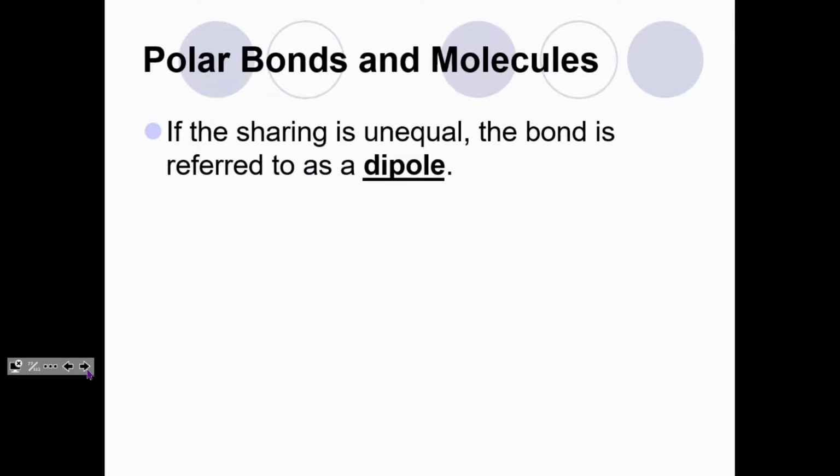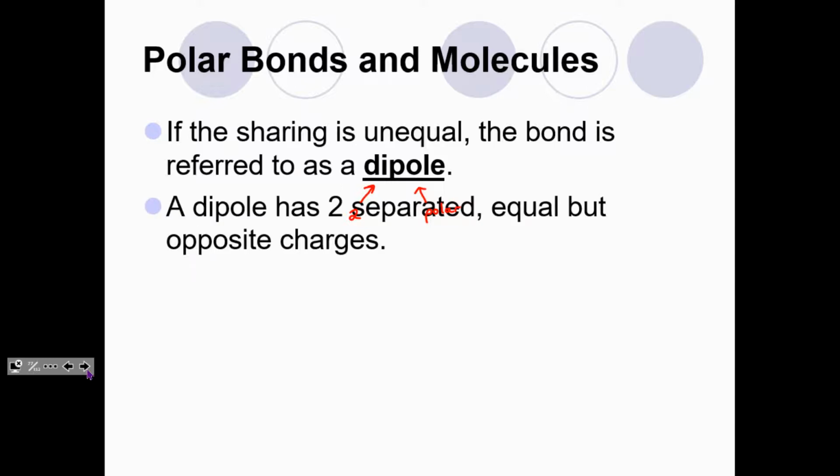We can have polar bonds if the sharing is unequal, and we call this a dipole. Di meaning two, and poles meaning it is a polar bond. It's not a nonpolar bond. So a dipole has two separate, equal but opposite charges.